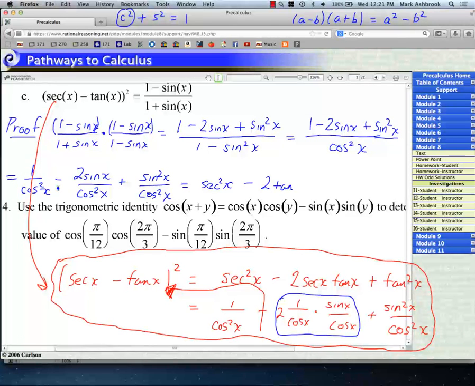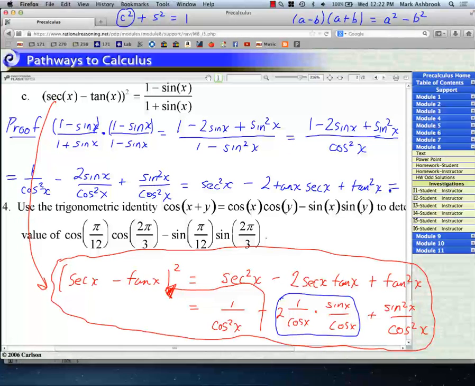Is it better? So that 1 over cosine squared, that's our secant squared. This right here, sine over cosine is tangent, leaving a 1 over cosine, that's secant. And then plus tangent squared. So this is the multiplied out version of this factored form.